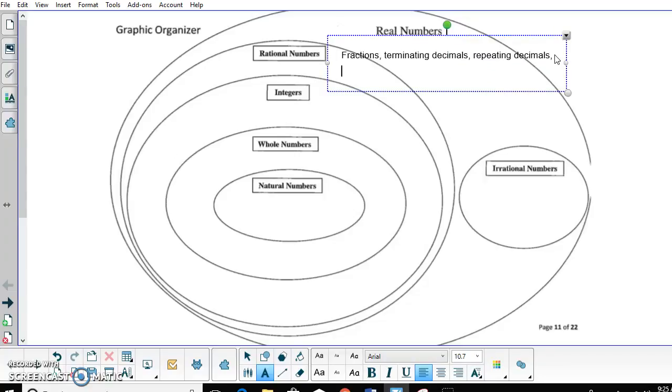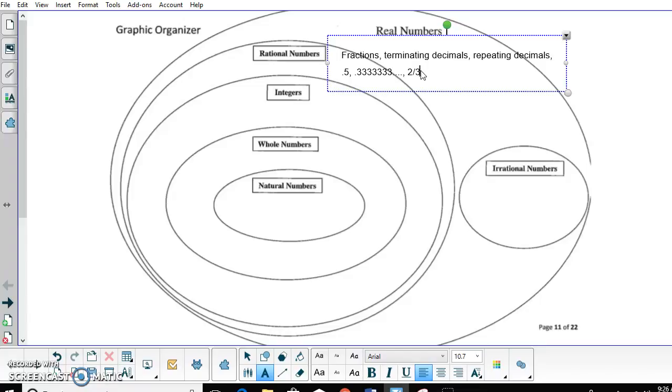Next, if you have 0.5, that would be a rational number. If you have 0.333333 and it repeats, that would be a repeating decimal, so it would be rational. Another example would be 2/3.